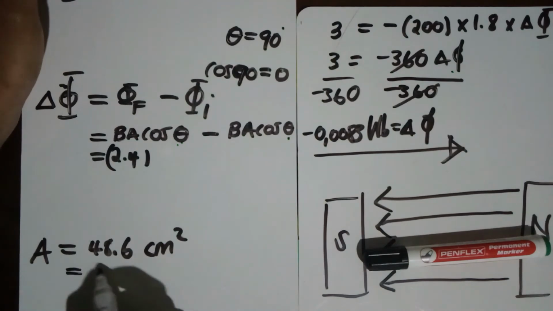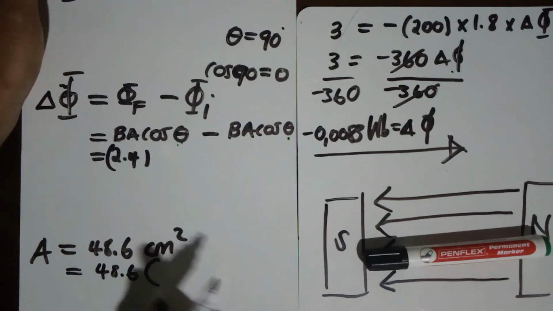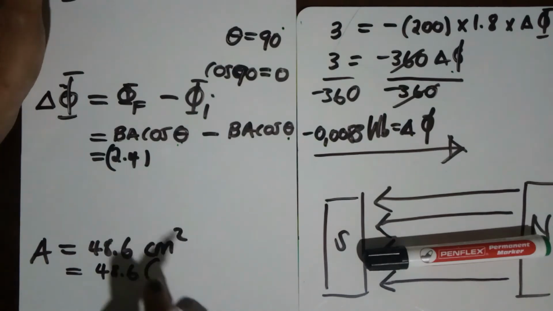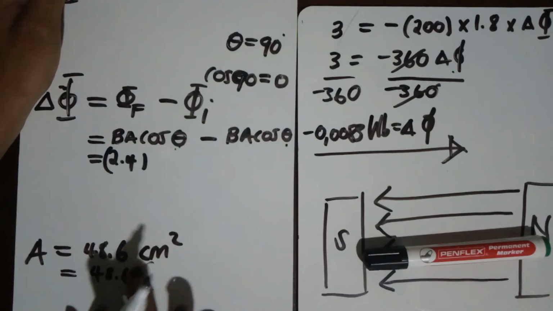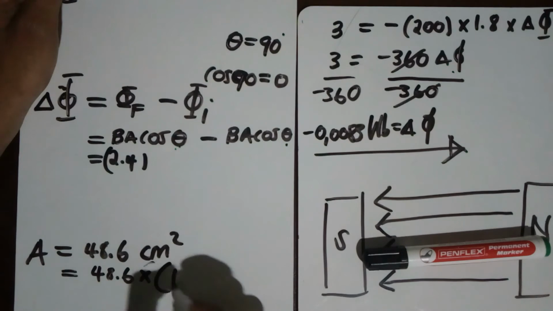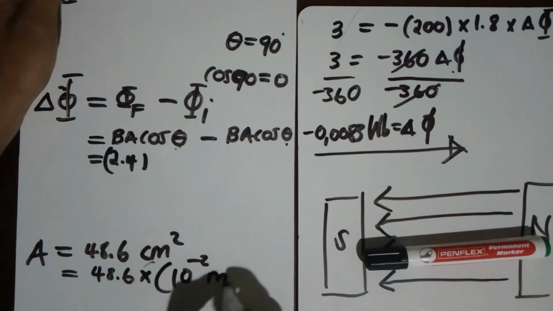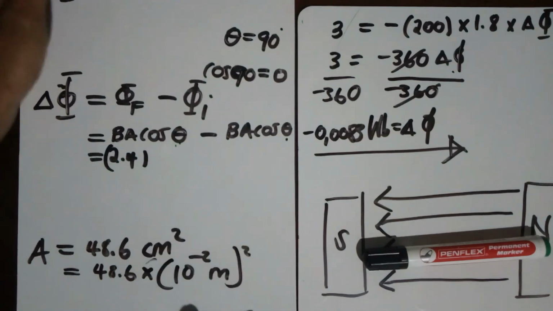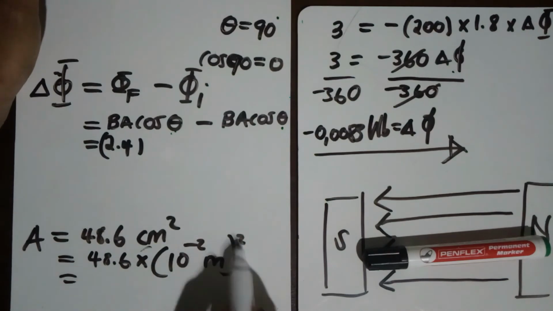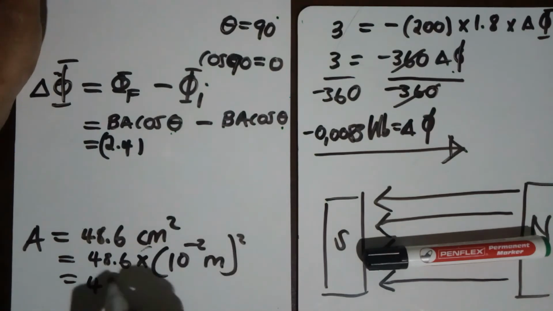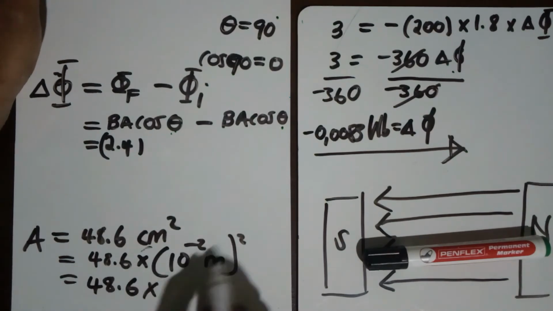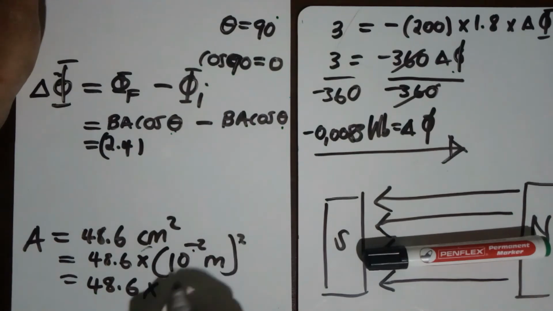Centi just means multiply by 10 to the power of -2. Everything will be inside the bracket, so you have 4.86 multiplied by this. If you multiply them out, you just get 10 to the power of -4 meters squared.